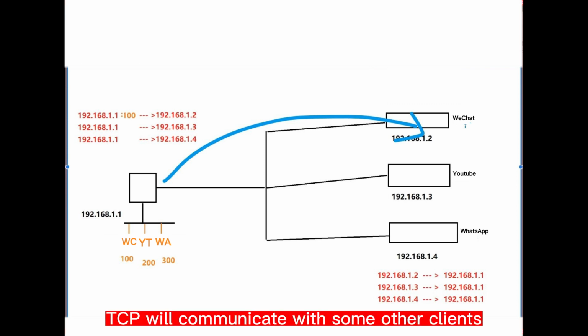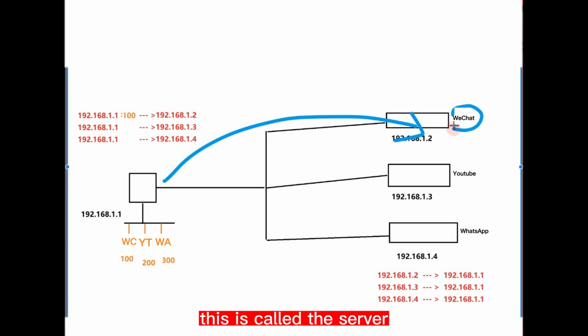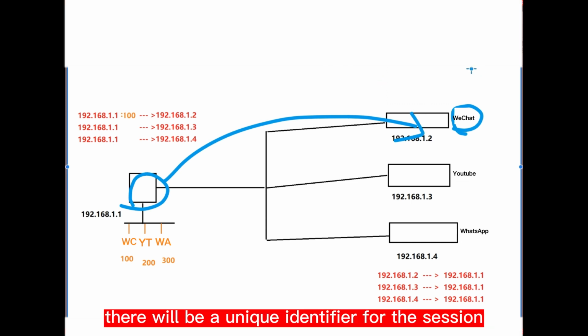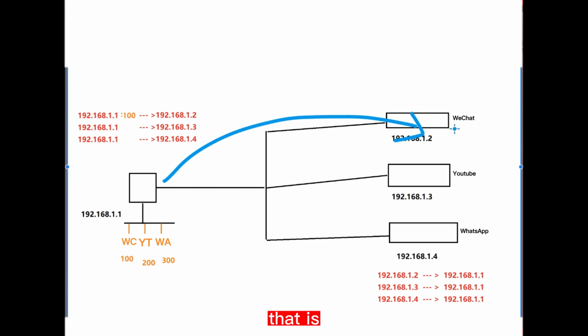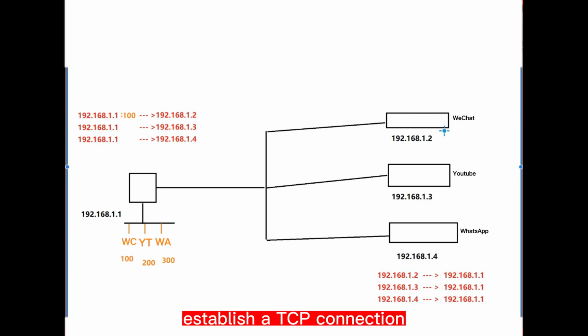TCP will communicate with some other clients. This is called the server, and the other side is called the client. If the connection is based on TCP, there will be a unique identifier for the session, that is, when establishing a TCP connection, it is unmistakable on the server side.